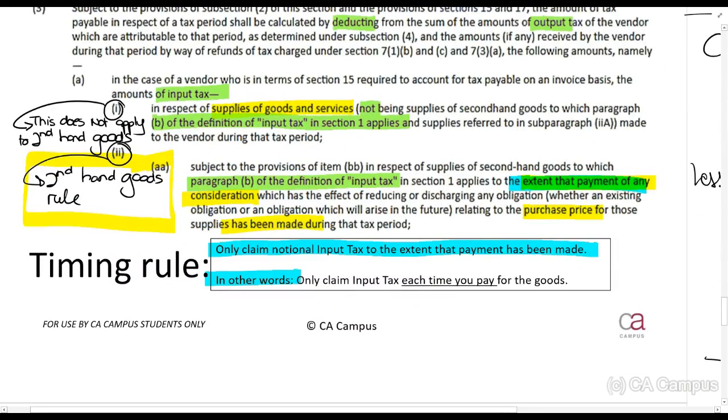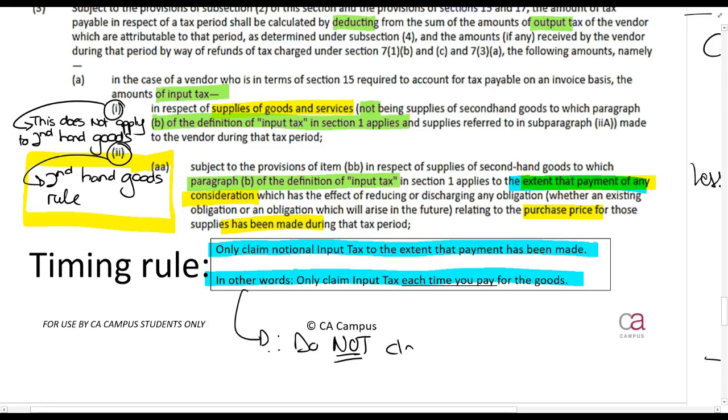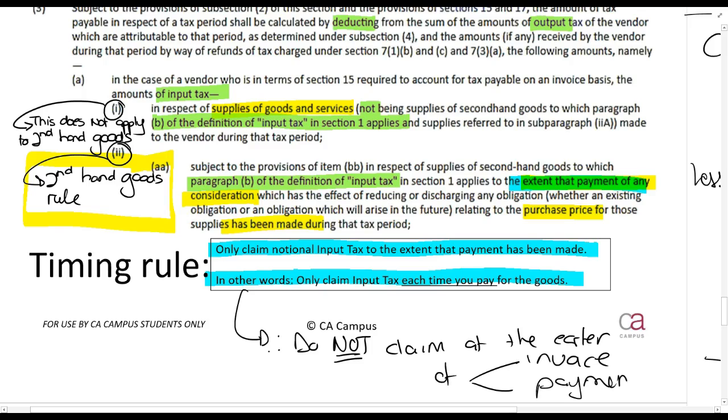In other words, only claim the input tax each time that you pay for the goods. So do not claim at the earlier of invoice or payment. This is a special rule.